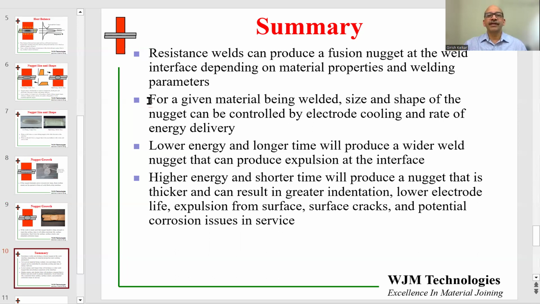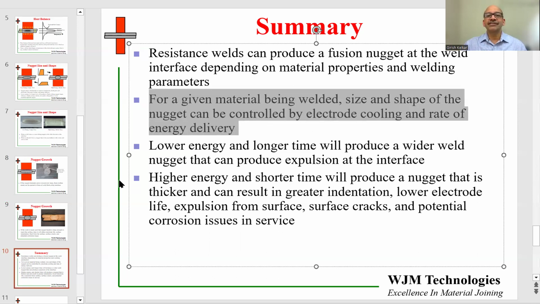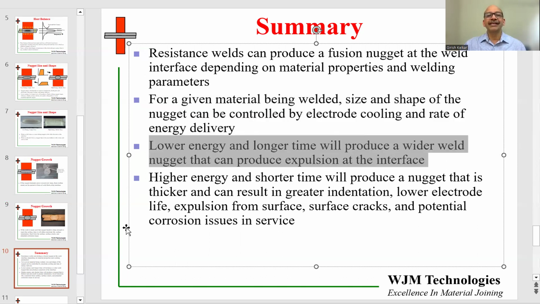For a given material being welded and the size of the electrodes, you can control the size and shape of the nugget by manipulating the energy delivery. So if you have lower energy for longer time, you're likely to produce a weld which is wider at the interface. Of course, you don't want it to become so wide that you have expulsion at the interface.